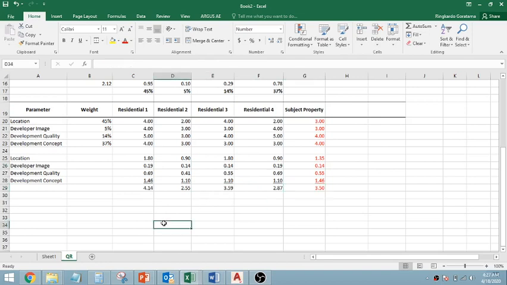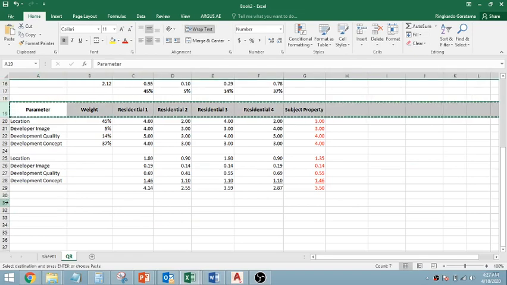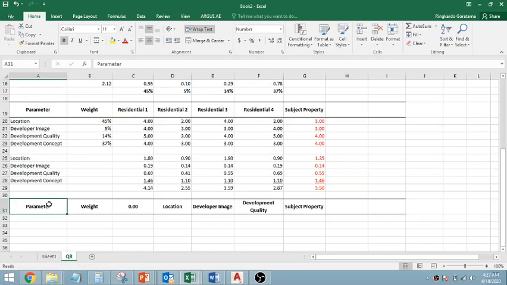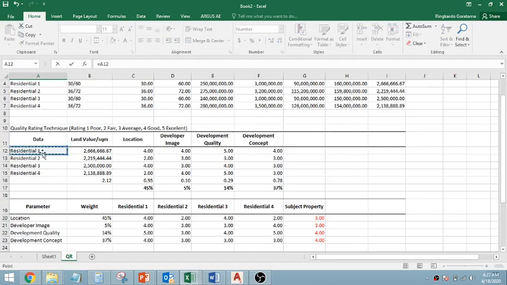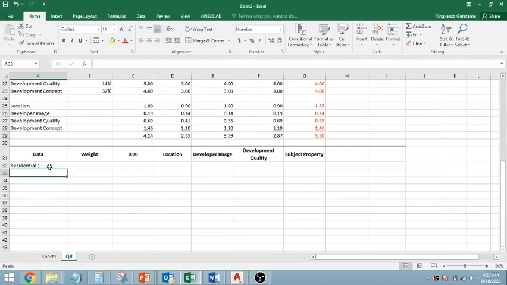So the next step is to find out the selling price for the land. So this will be the data: residential 1, 2, 3, and 4.